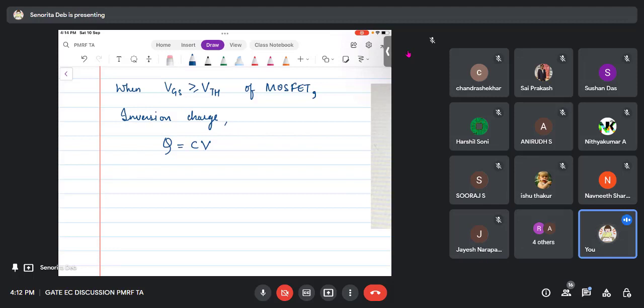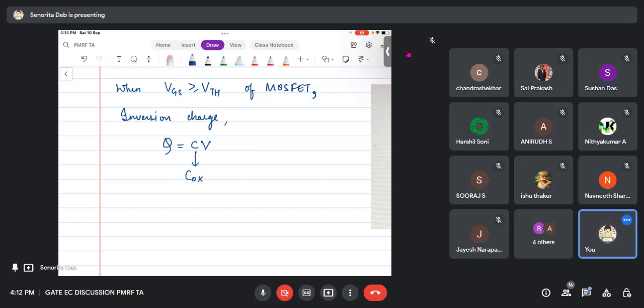This you will see in many places, which is the oxide capacitance. COX is the oxide capacitance, and it is basically denoted as gate.